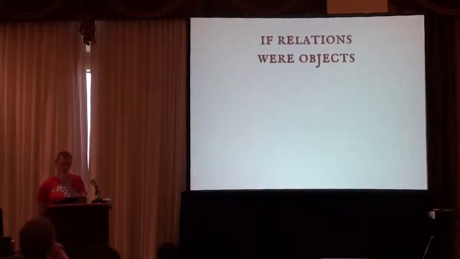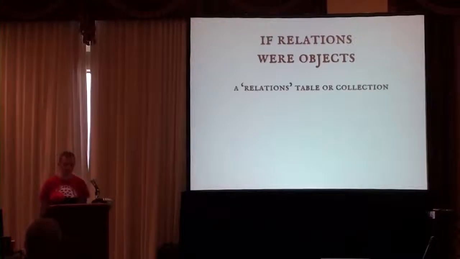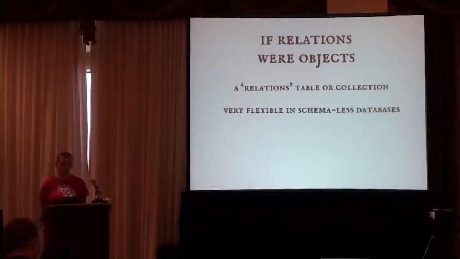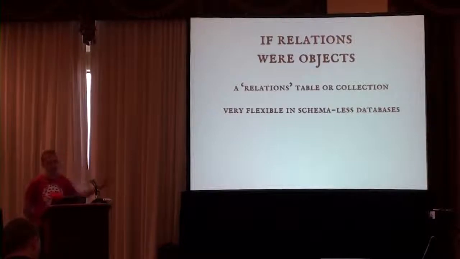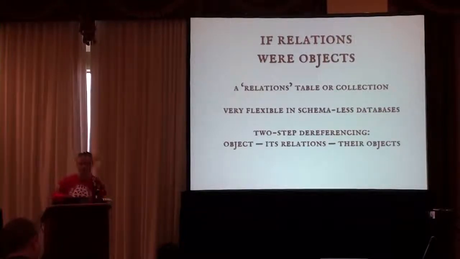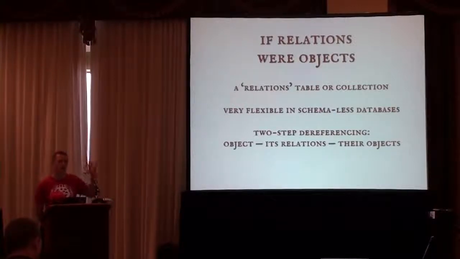But what if we modeled relations just like objects, like all the other objects in our system? We would then have a relations table or collection, and if we had a schemaless database, that could be very flexible. We could have all the relations in our system in one big table or in one big collection. And the drawback is that the referencing would be 2-step. You basically would have to say, I want this object.